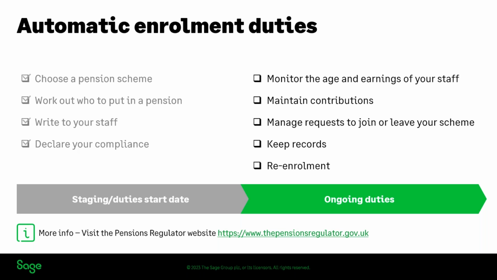You need to maintain contributions to your scheme, so working out and deducting employee contributions and employer contributions. You're responsible for managing requests to join or leave your scheme, known as opting in or opting out. You'll need to keep records to demonstrate how you've complied with these duties, and every 3 years, starting on the anniversary of your staging or duty start date, the 3rd anniversary, you will need to re-enroll employees that previously opted out or left.